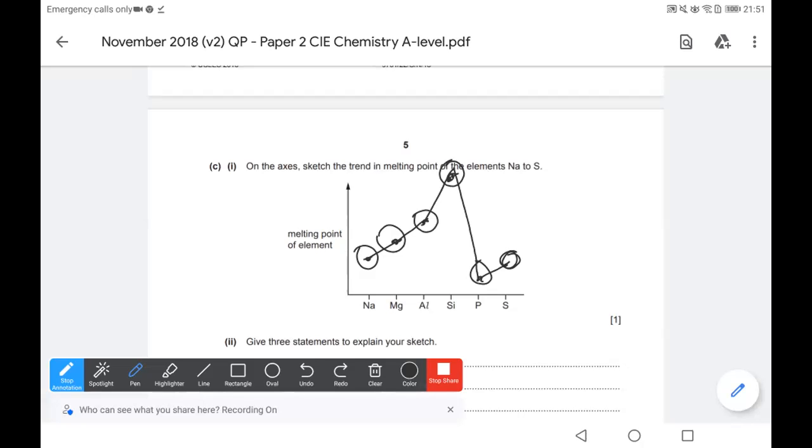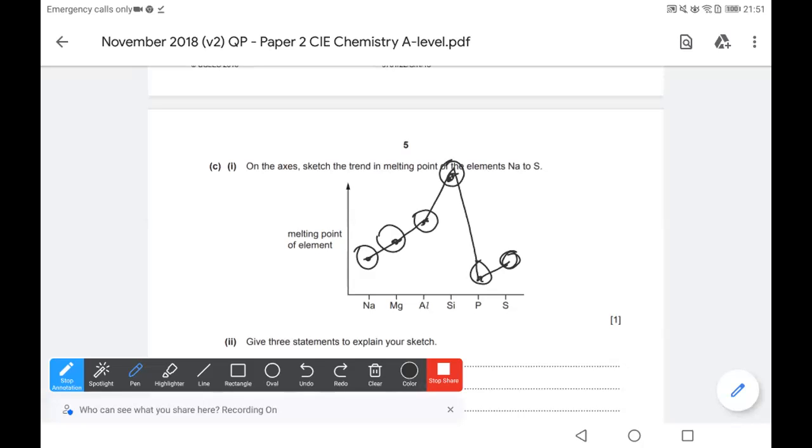The fourth group element has the highest melting point and boiling point because it forms a giant covalent structure. Phosphorus and sulfur are simple molecules.